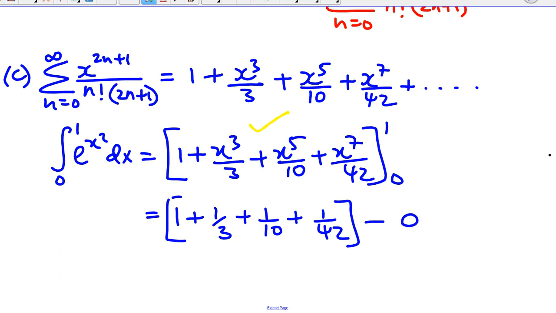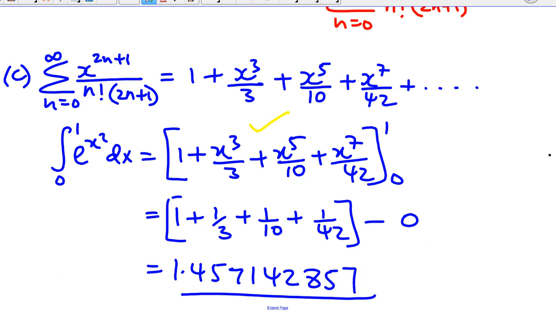So if you plug that in your calculator, you should be able to end up with 1.45714857 as your final answer.